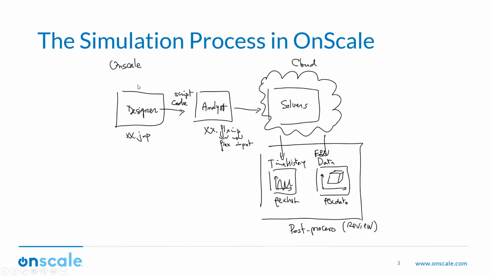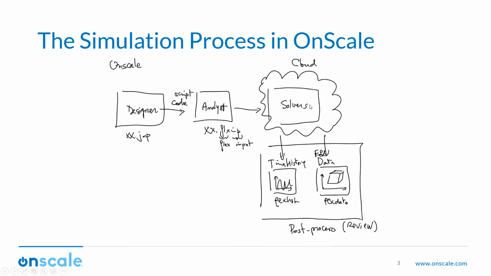So the main benefit of doing it like that is that this script is very, very small, whereas a designer file contains geometry and a lot of information, so models can be huge. So an analyst script is just a few lines of text, so this file is very small and easy and fast to upload on the cloud.